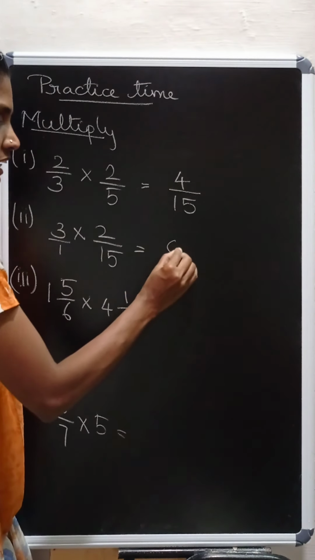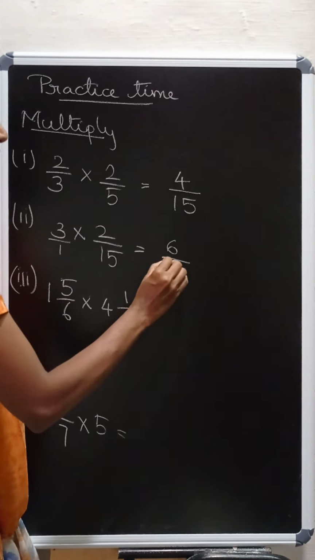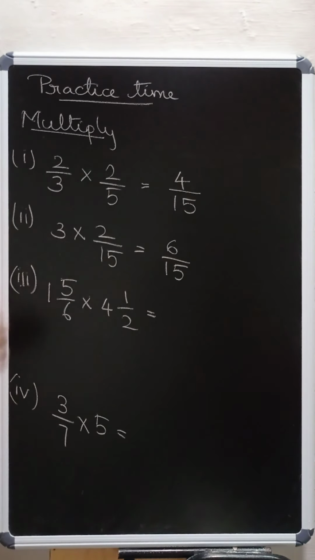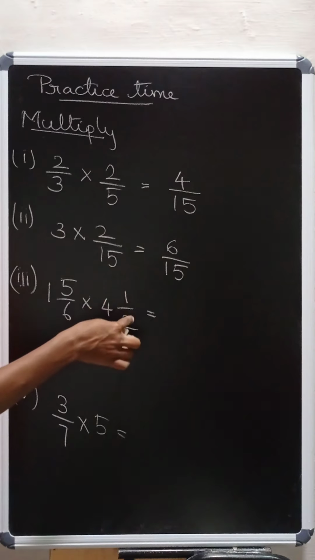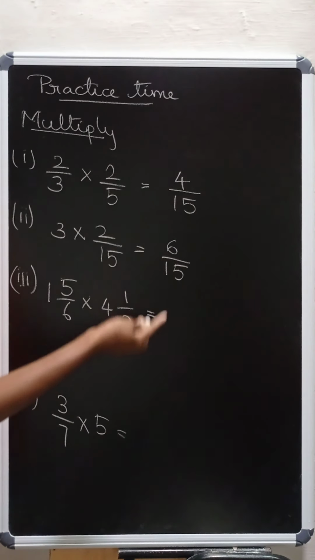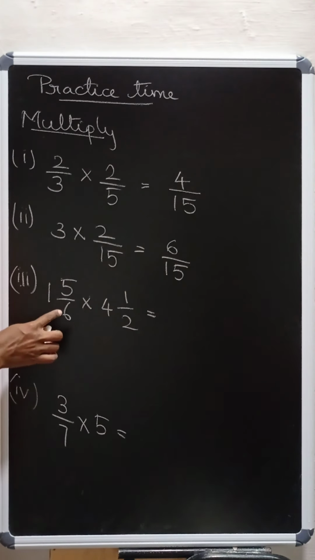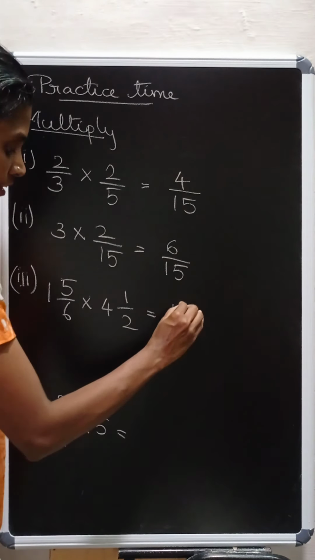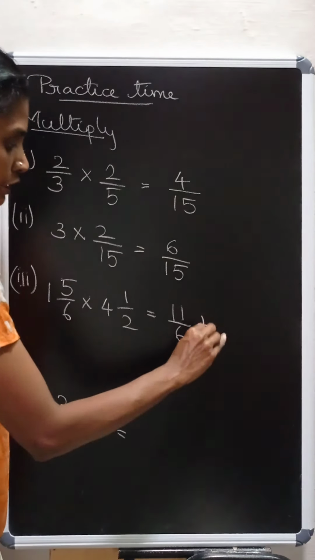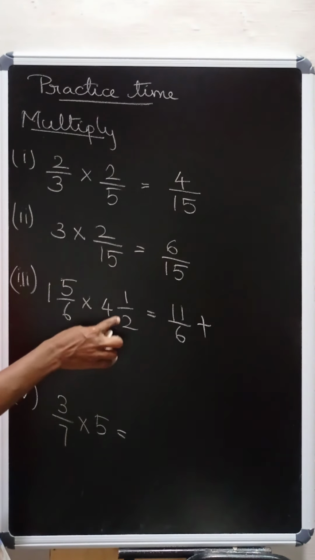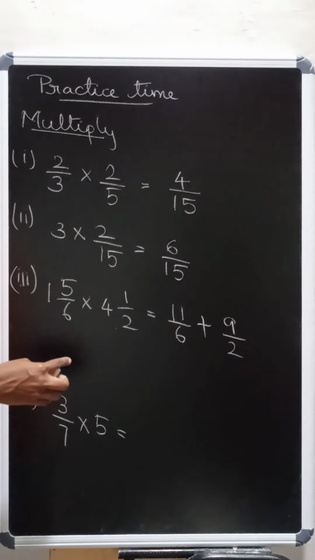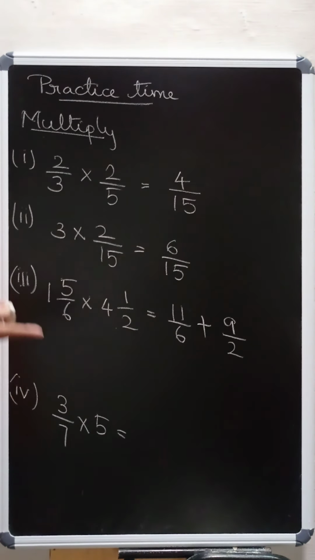So 3 2s are 6. 1 15s are 15. Now here, this is in mixed fraction, so you need to convert it into an improper fraction. How? 6 1s are 6. 6 plus 5 is 11. 11 by 6, plus 4 2s are 8. 8 plus 1 is 9. 9 by 2. Converting a mixed fraction to an improper fraction we have already seen in our other video.